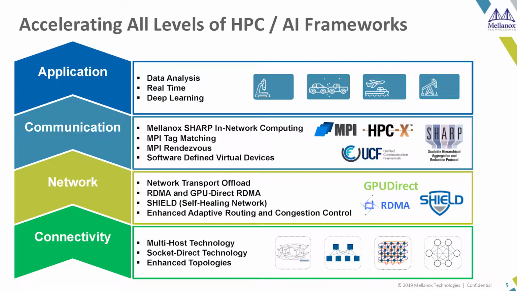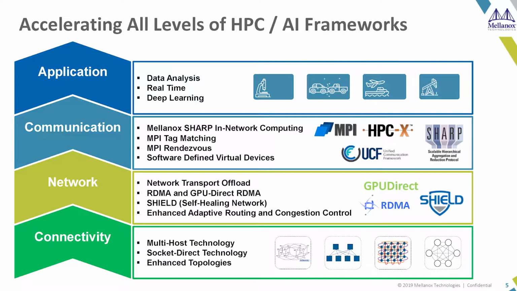That is, you don't have to have as many switches and the like, so that it makes the system more cost effective. There's also work that's done at the network level, so on the cards and in the switches. Of course, the network transport itself has been offloaded since day one.